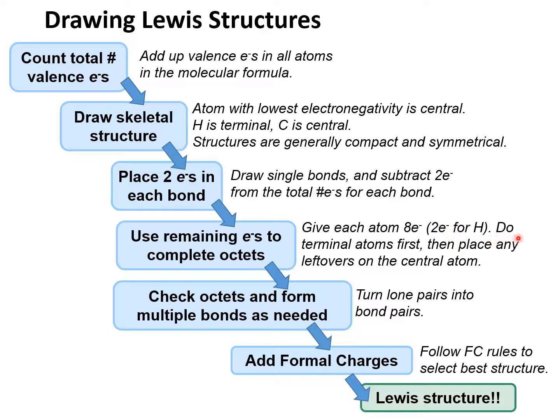We add the lone pair electrons to the terminal atoms first, and then place any remaining electrons on the central atom. The next step is to check that each of the atoms has an octet, and then we form multiple bonds as needed by turning lone pair electrons into bonding pairs. Finally, we check the formal charges and follow the rules for formal charges to select the best Lewis structure. And this will lead us to the correct Lewis structure.